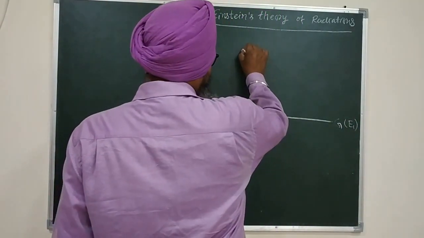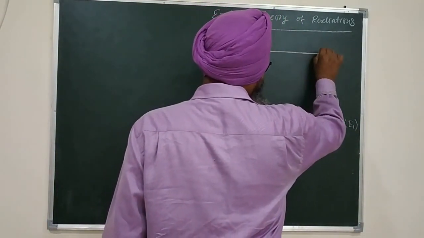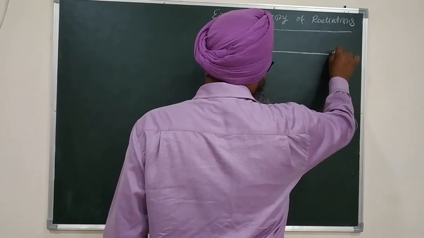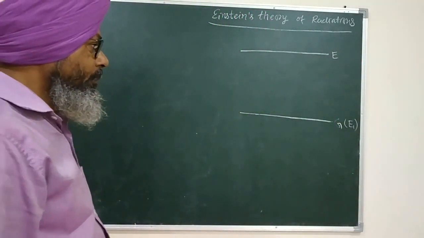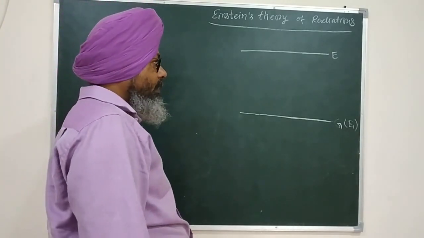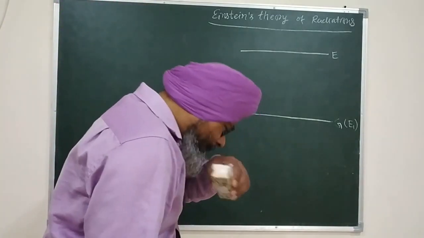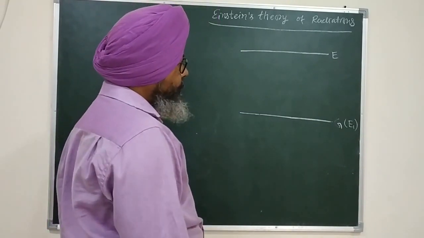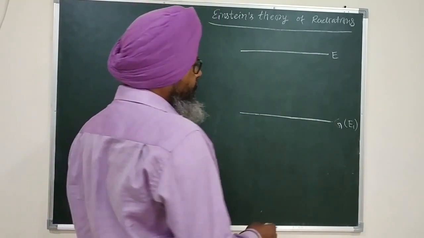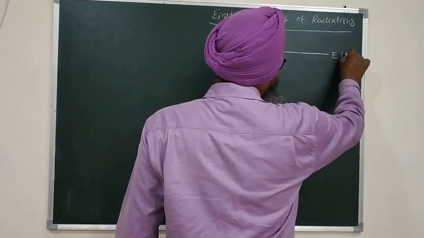And let us say this is the higher energy level. This energy level is called the excited energy level. I will designate it as E, and I will give its energy value as E2.